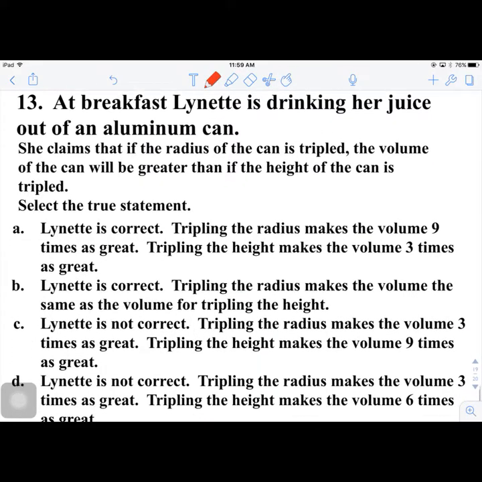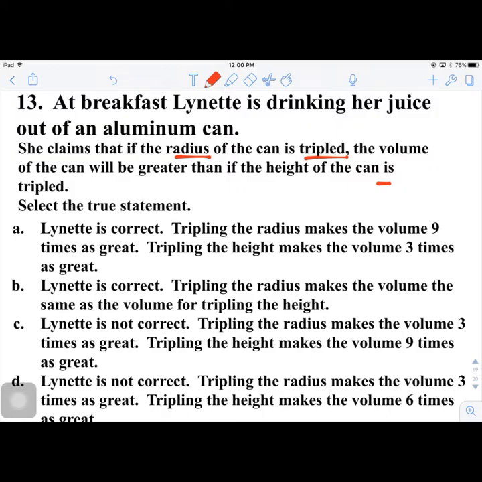Number 13, Lynette, at breakfast, is drinking her juice out of an aluminum can. She claims that if the radius of the can is tripled, the volume of the can will be greater than if the height is tripled. So we're going to actually work out both scenarios.